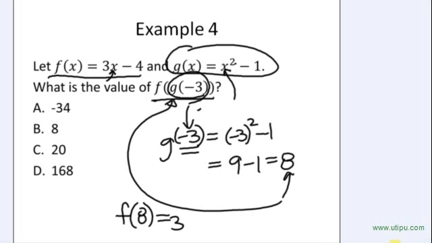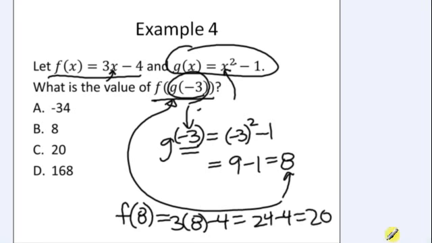So in this case, that'd be 3 times the input of 8 minus 4, which is 24 minus 4, or 20. So let's look at my options, and it looks like it does match up with option C there, being the correct answer, that the value of f composed with g at negative 3 is 20.